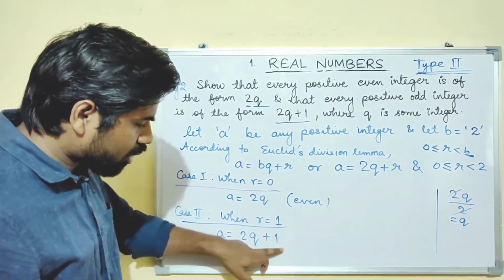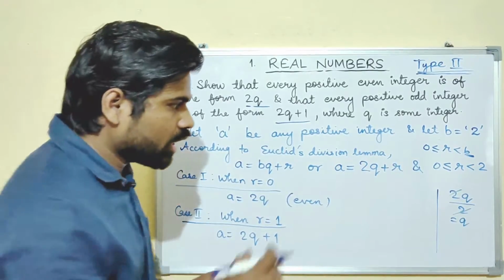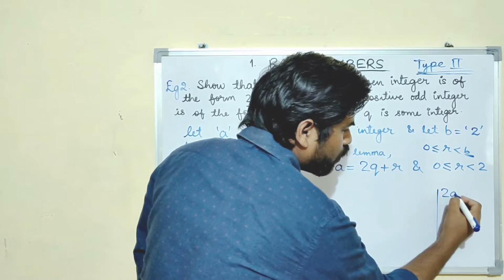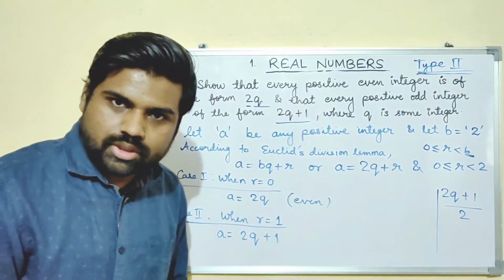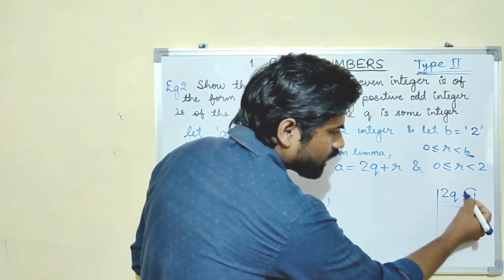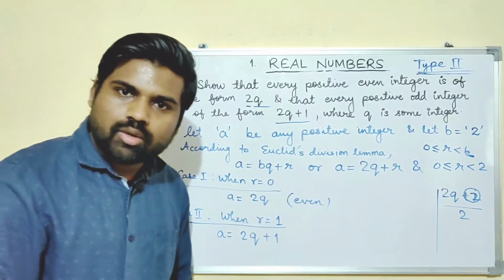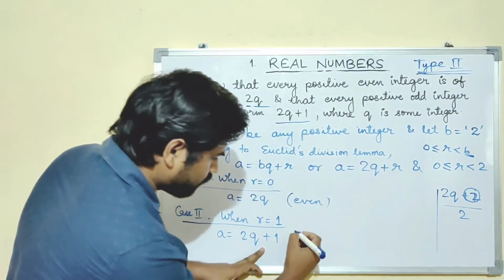Because 2 is not coming in common from this whole expression. If you can see in the rough, this 2q plus 1 when divided by 2 will not give you any quotient. Why? Because this 1 is extra. If it had been 2, then it would have been what? Even integer. So this is what? Odd integer.